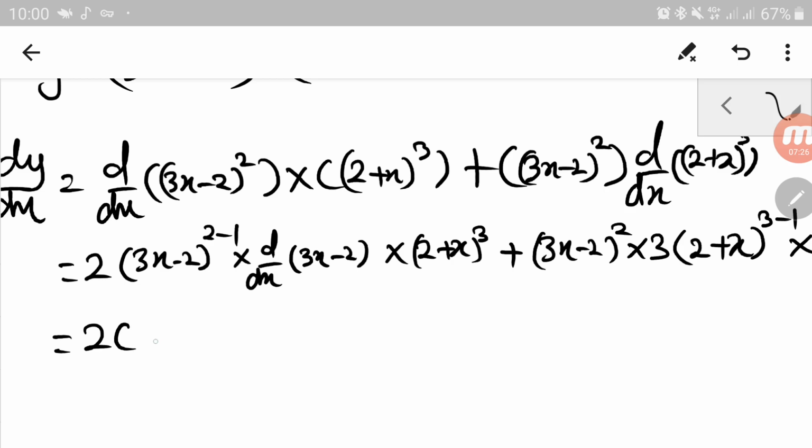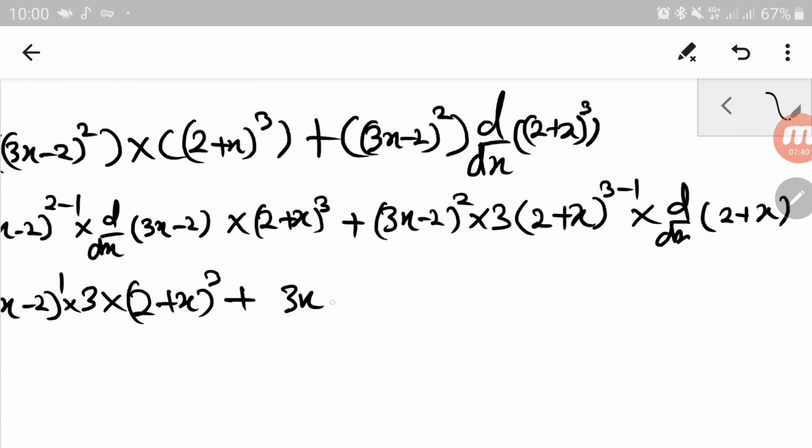So 3x minus 2, the power minus 1 is 1. This one we multiply by 3 and then multiply (2 plus x) cubed, plus this one (3x minus 2) squared. The 3 we put in front here, and then (2 plus x) squared multiplied by 1.